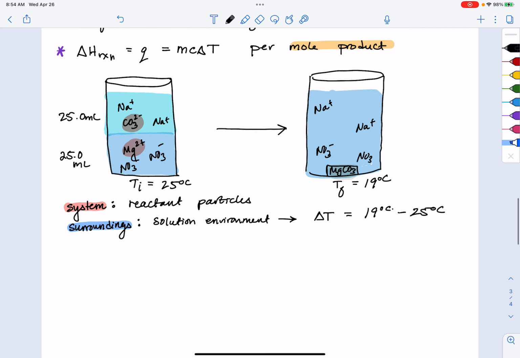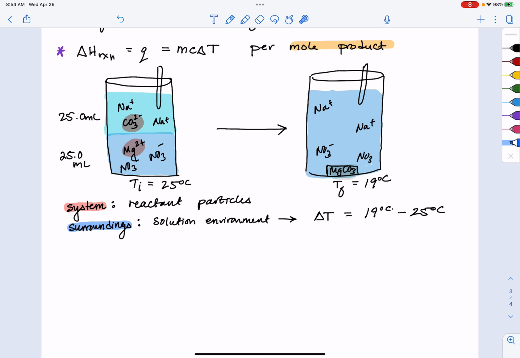So final minus initial. This is talking about the solution, right? If you think about a thermometer being placed inside our little calorimeter, our little insulated container, then what you would see is that we're looking at what the surrounding solution is absorbing or releasing when it comes to heat, or how that temperature is changing.